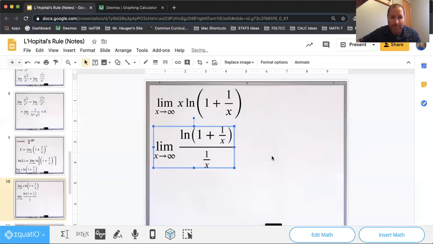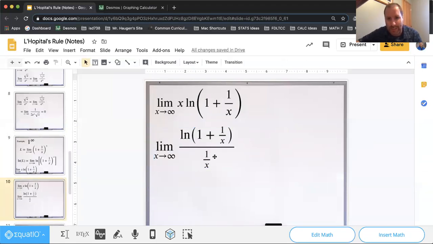It seems kind of weird, I took this x and made it 1 over x, but in the denominator. So technically, they're still the same equation. But what this allows now is this top part, the numerator, becomes 0, and the denominator also becomes 0. So now we can use L'Hopital's rule to evaluate this function.